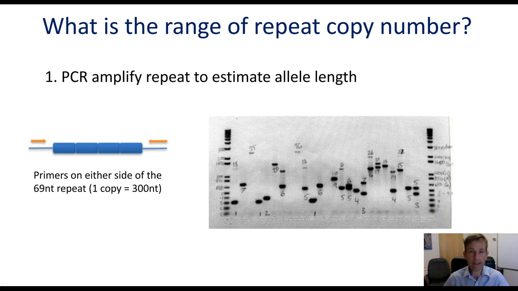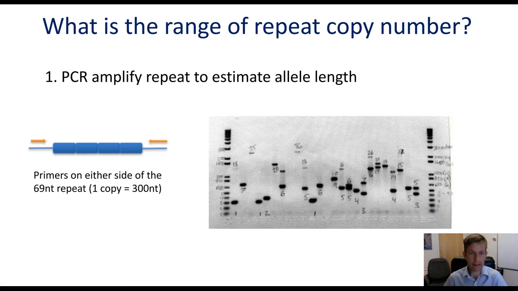We were fortunate in that we were able to PCR amplify this repeat. We designed primers, shown on the left in orange, either at the beginning or at the end of the repeat, and we could then sequence through various copies of the repeat. Shown on the left is 4 copies of the repeat, and on the right is a gel of a PCR, where each row is a different individual, often with 2 alleles of different lengths.